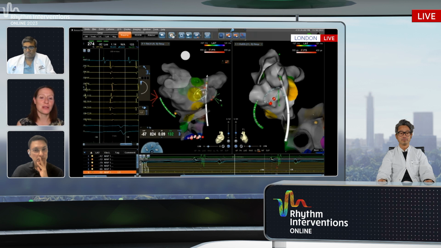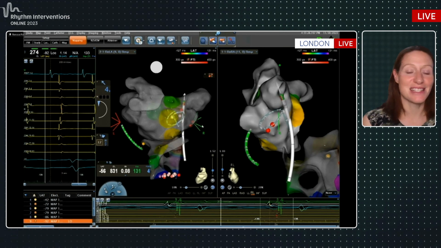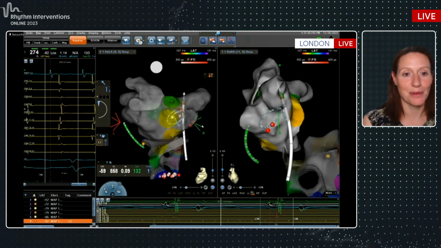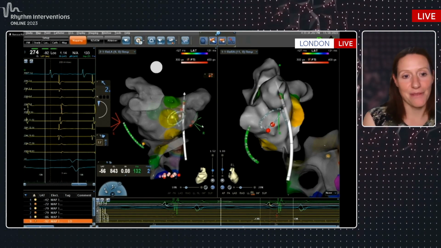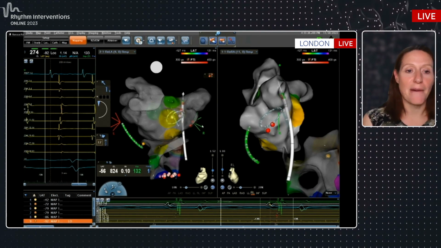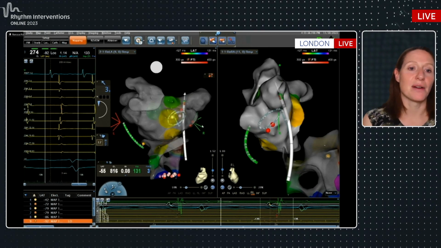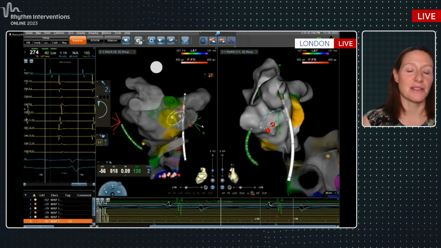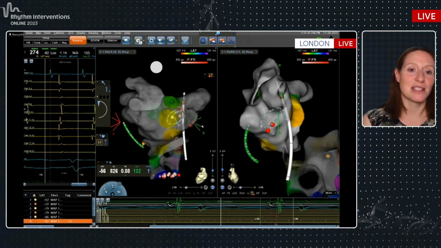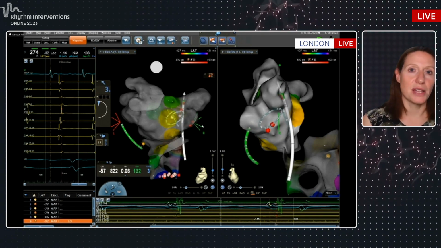I think in terms of doing more ablation, in this patient, considering that they've presented in typical flutter and you've dealt with that and you've re-isolated the veins, then for me, that would be sufficient. I certainly appreciate what Vivek is saying about the fact that there could still be non-PV triggers there. I guess it's a balance, because looking for those is quite difficult, and I find it quite frustrating.